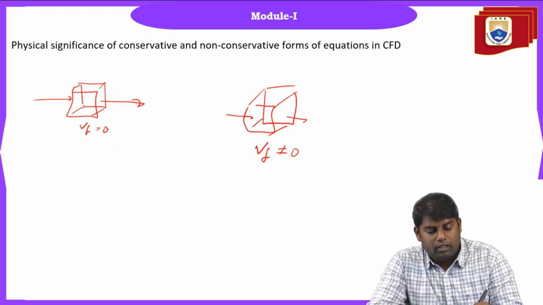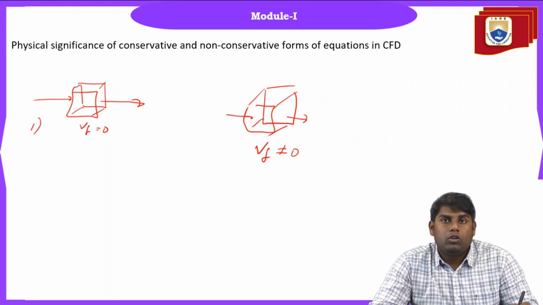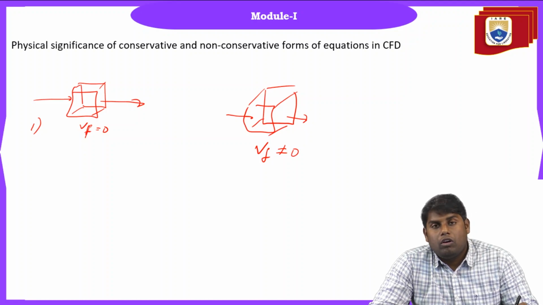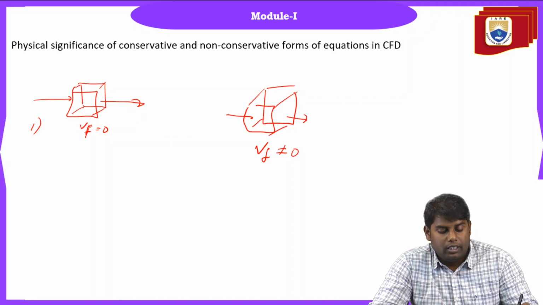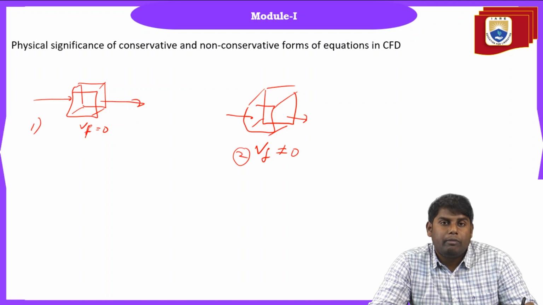In the first setup, since the velocity of the fluid particle is 0, whatever flow is entering and crossing, there will be a change in the number of molecules. For the second one, since it is going with the flow, the same number of fluid particles will be present inside the element every time.